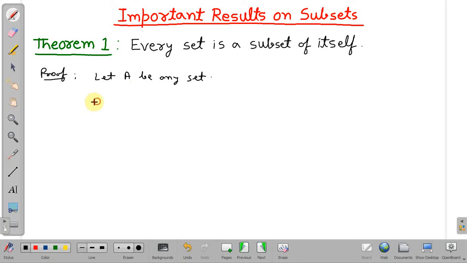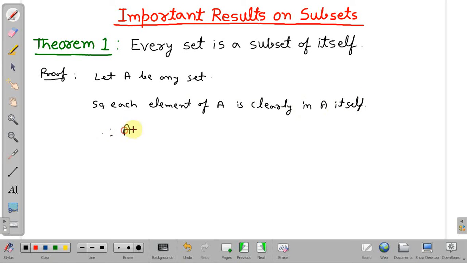Each element of set A is clearly in set A itself. So we can say that A is a subset of set A itself. So every set is a subset of itself.